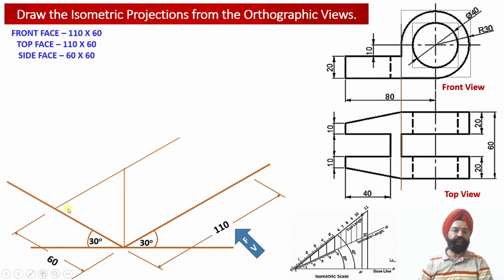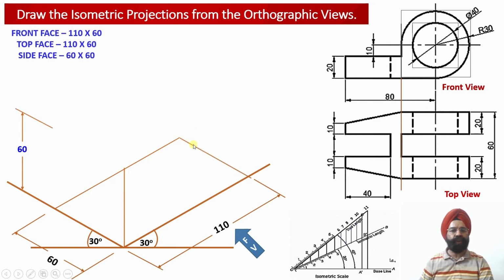So now we draw another isometric projector line starting from this point, which is at a distance of 60 millimeter from the center point over here. This isometric projection line, measuring 110 millimeter and parallel to the isometric z-axis, we have to draw.